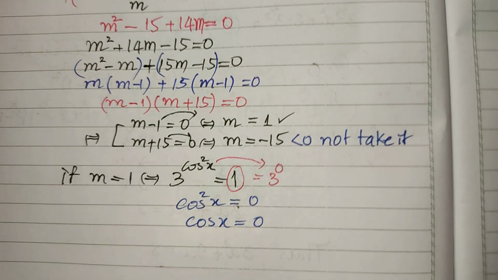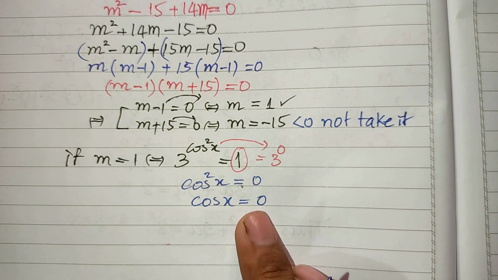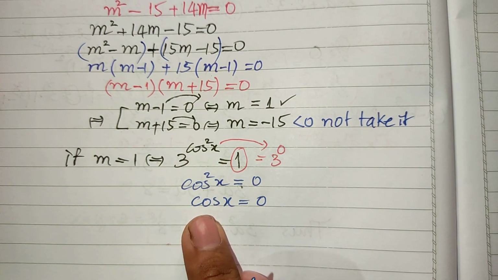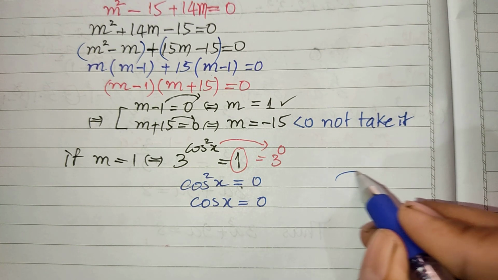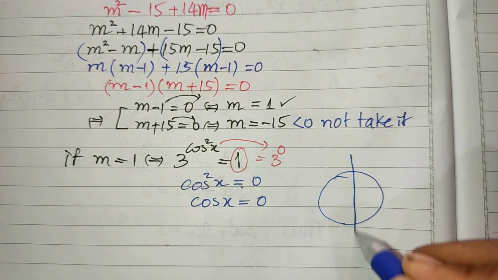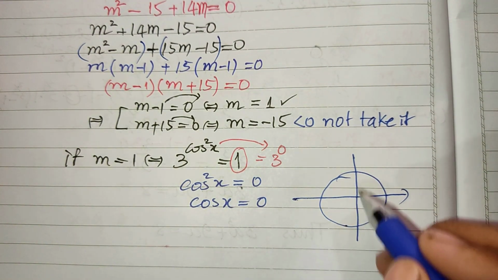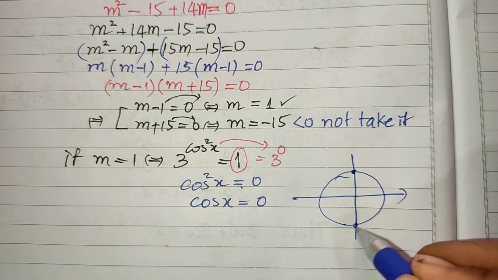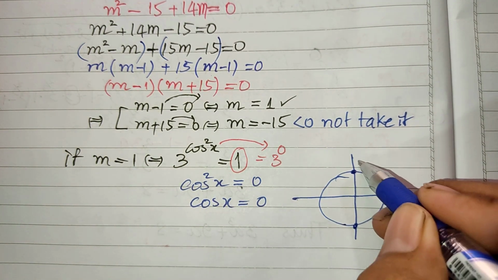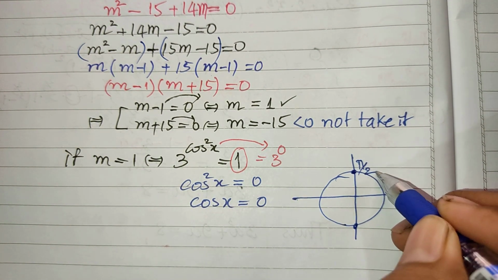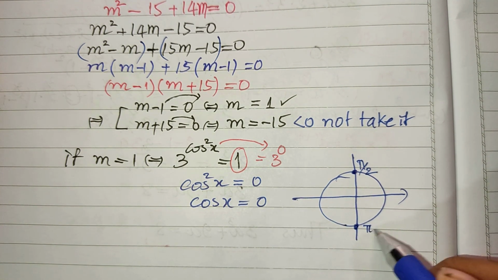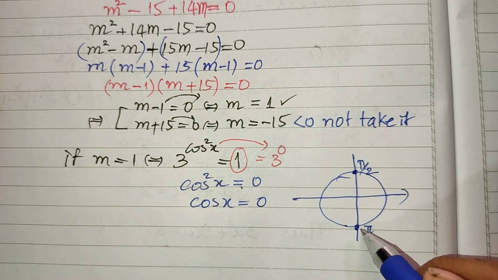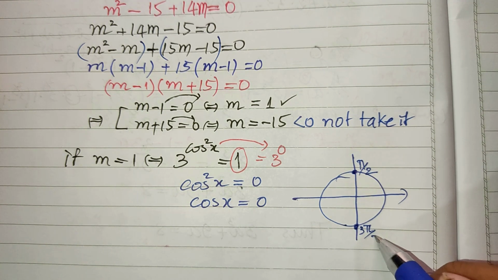We know that cosine equals 0 at the values of x that, in the trigonometric circle, are pi divided by 2 and 3 pi divided by 2.